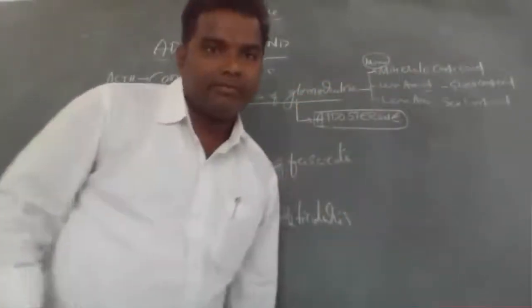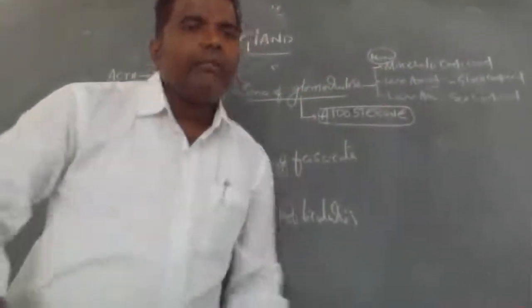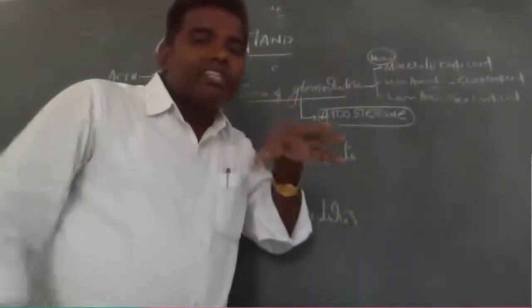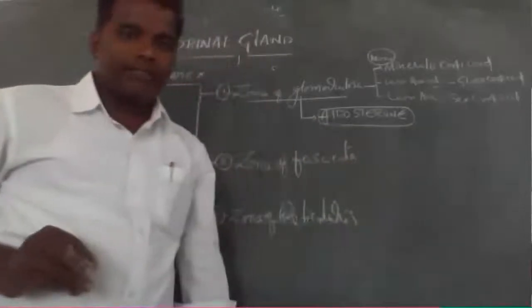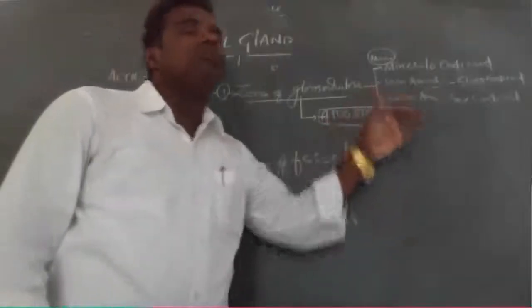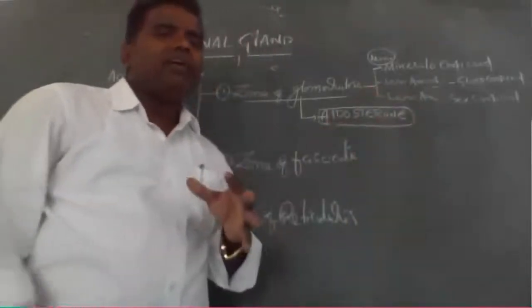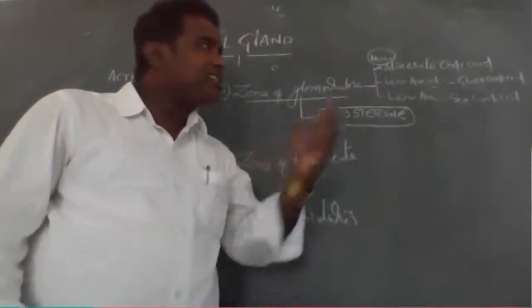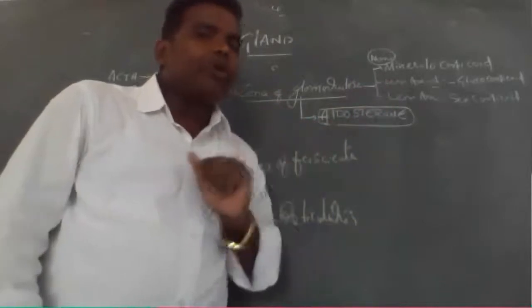Once again, the zona glomerulosa is called the mineralocorticoid region. Why? Because it secretes more mineralocorticoids and less glucocorticoid.